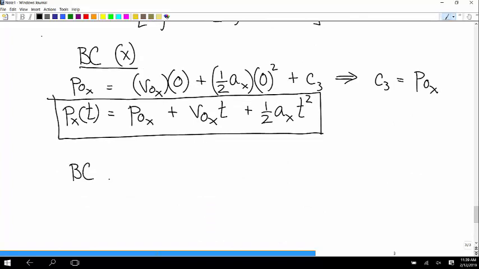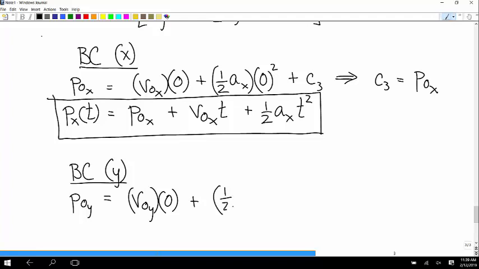And now the boundary condition for y says that when time is equal to 0, the position is p0y. So p0y is equal to v0y times 0 plus 1/2 ay times 0 squared plus c4.